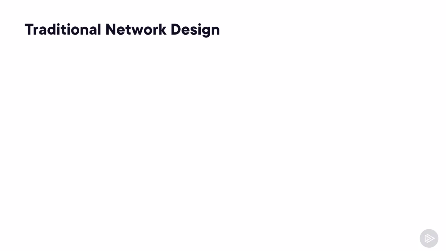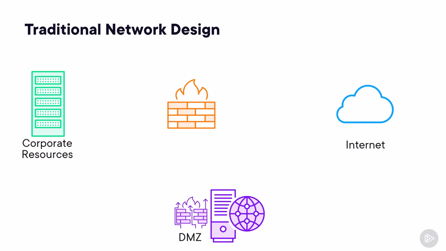To better understand what this means, let's take a look at a traditional network design at a very high level. First, I will split this into corporate resources, internet, and the DMZ part of your network where certain client-facing resources might be hosted. The way that networks have been designed before is that everything that was inside your corporate perimeter or internal was trusted.